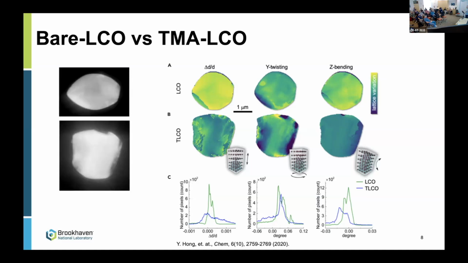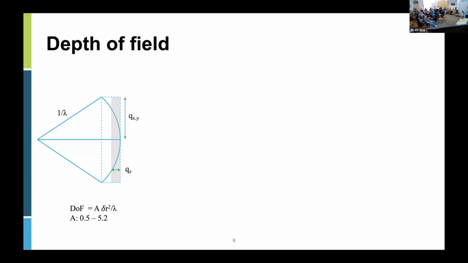Okay, now let's shift gears a little bit to look at the imaging system itself. When we are pursuing higher spatial resolution, or we try to focus the X-ray to a smaller point, we are facing similar challenges as the electron microscopy facility has experienced. One of the issues is that the depth of field shrinks aggressively for higher resolution.